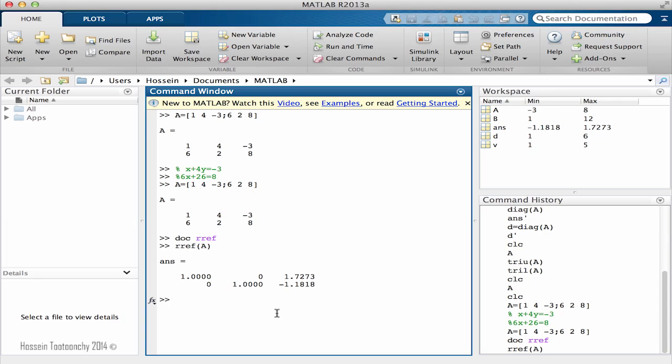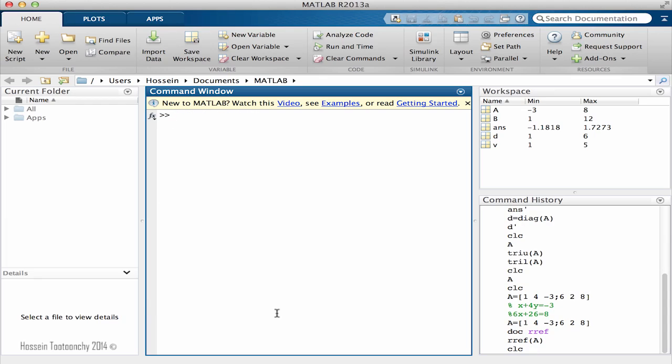Let me show it to you by doing a 3 by 3 matrix. So I clear that and I put B equals 1, 3, -2, 5, 6. It should be 4 by 4. So 5, 6, 4. Excuse me, it should be 3 by 4.